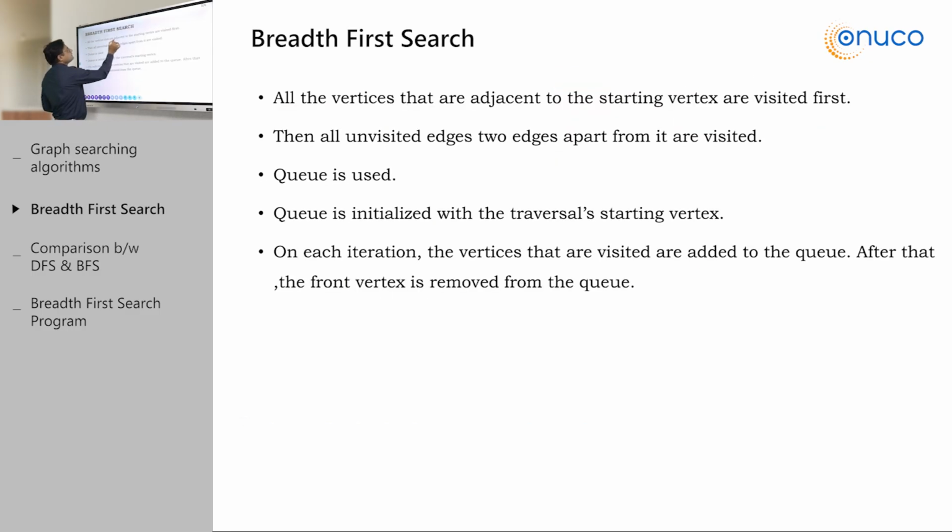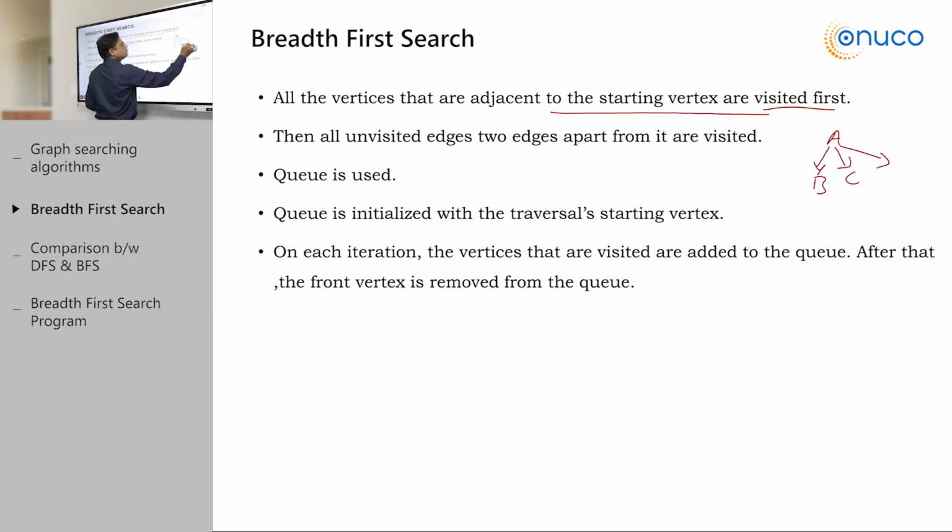So all the vertices that are adjacent to a starting vertex are visited first. We have done it for this: A to B, A to C and A to D. This is the meaning of that. Then all the unvisited vertices two edges apart from it are visited. The data structure used is a queue. So from here we have visited E. Then from C we don't have any path.